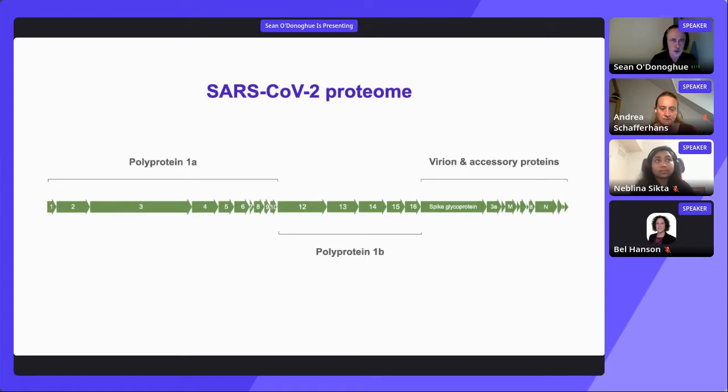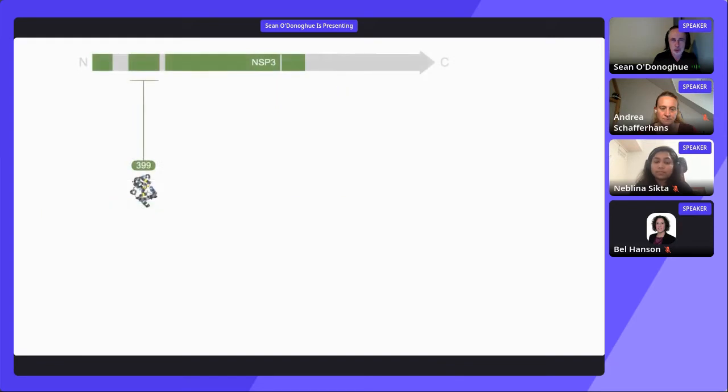To guide you through the different elements of the coverage map, I'm going to choose one protein, NSP3, which is actually the longest protein in the proteome. This represents how we show matches that we find in one small region of NSP3. And in this case, we have nearly 400 structural models matching just that portion.